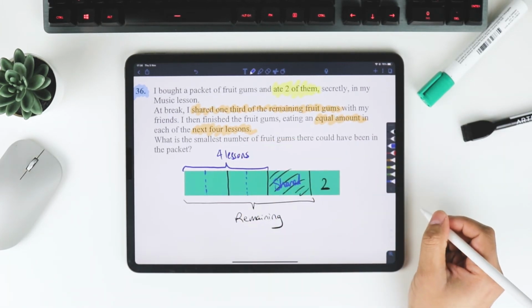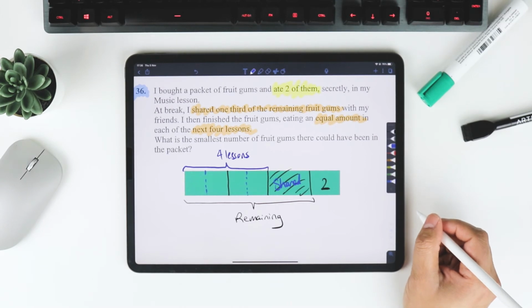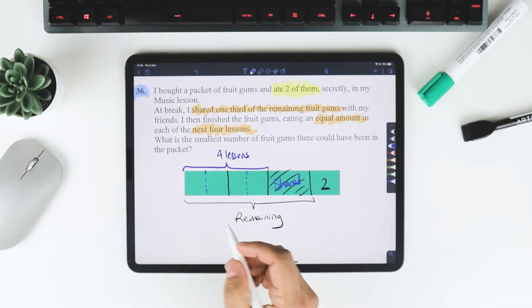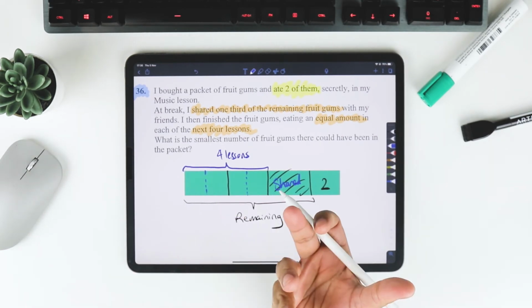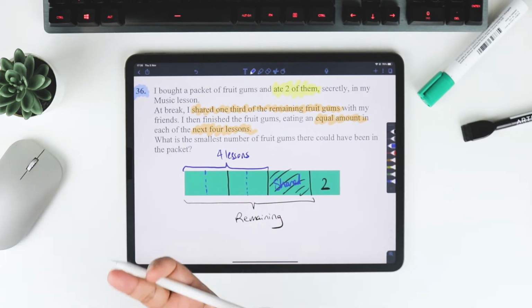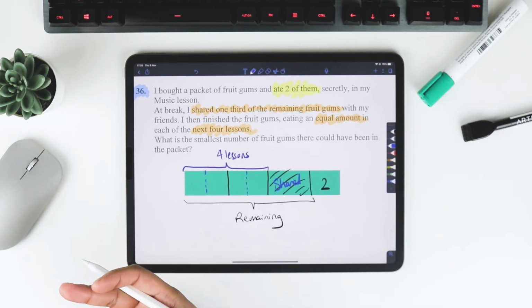Then it says, what is the smallest number of fruit gums there could have been in the packet? Naturally, I'm going to work backwards here. The 4 lessons was the last thing we discussed. We want that to be the smallest amount so that the whole thing could be worked out.